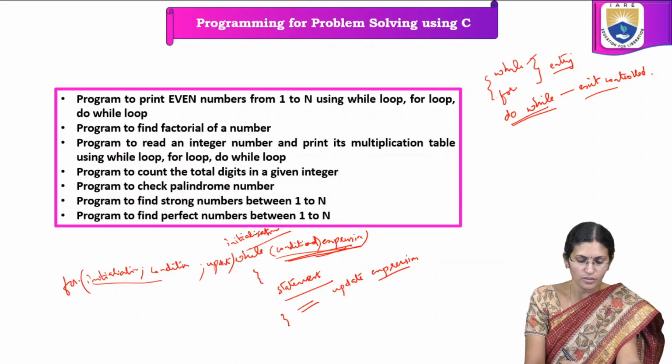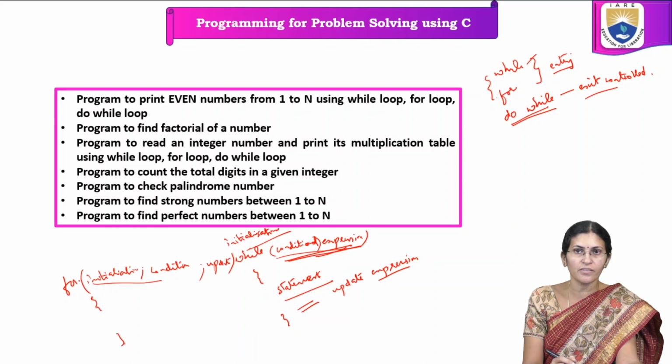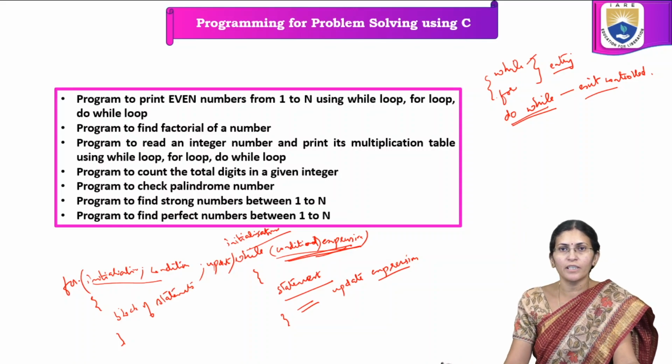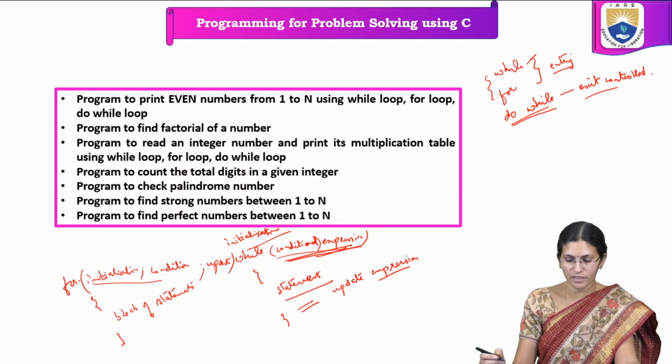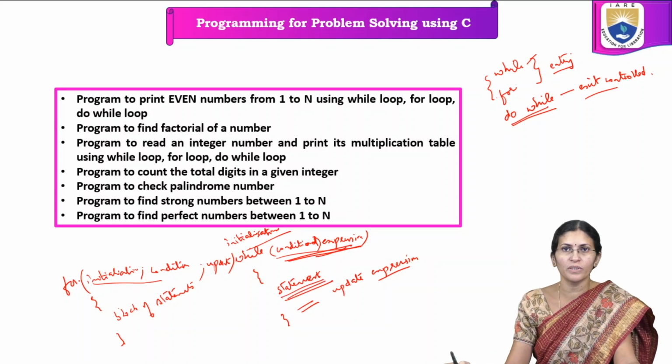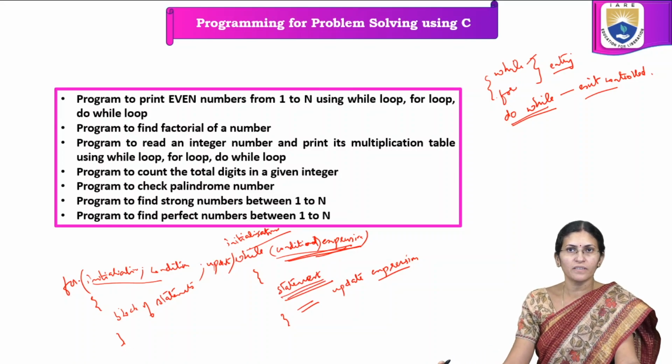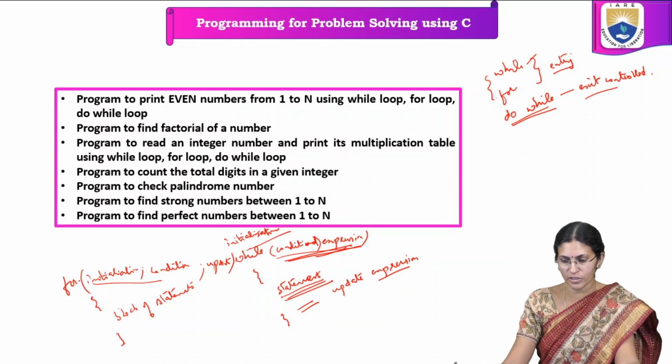Inside the curly brackets we write the block of statements. Generally we write loops in order to perform a task repeatedly. Whenever a certain set of statements or a certain task is to be repeated many number of times, the concept of loops comes into picture.